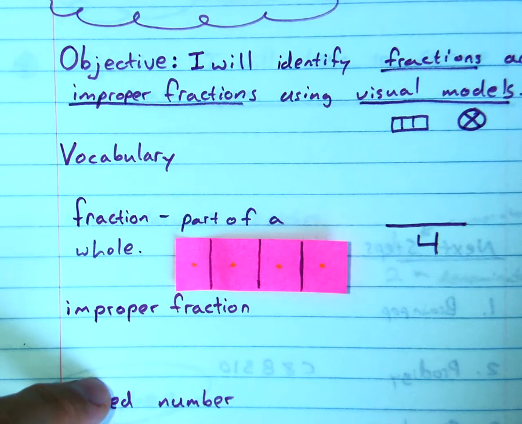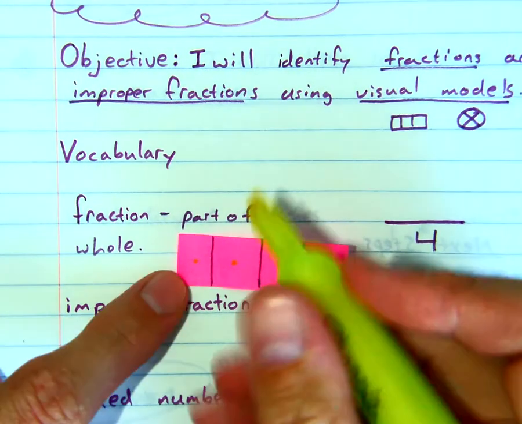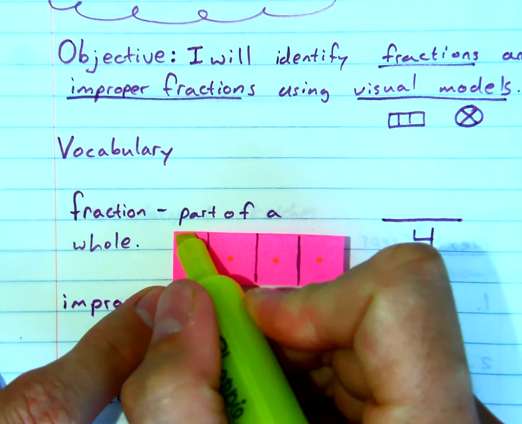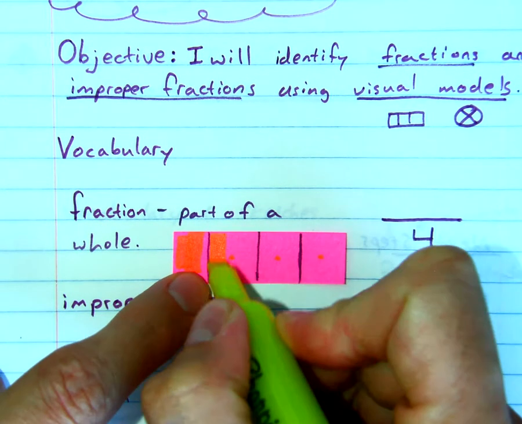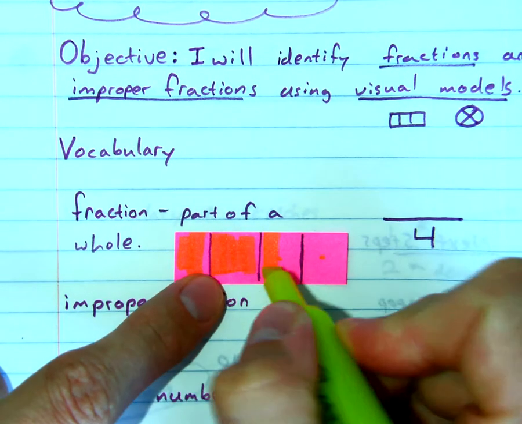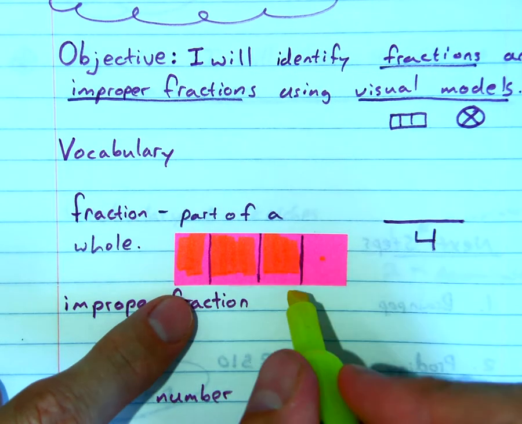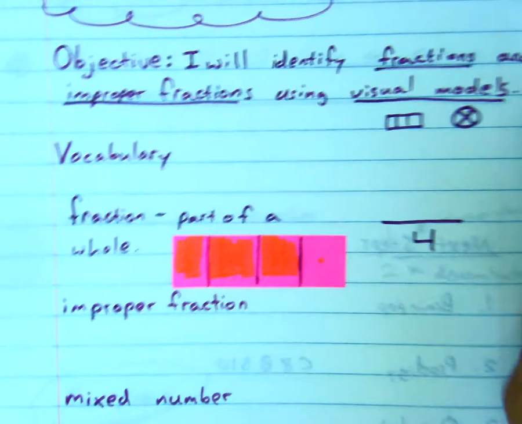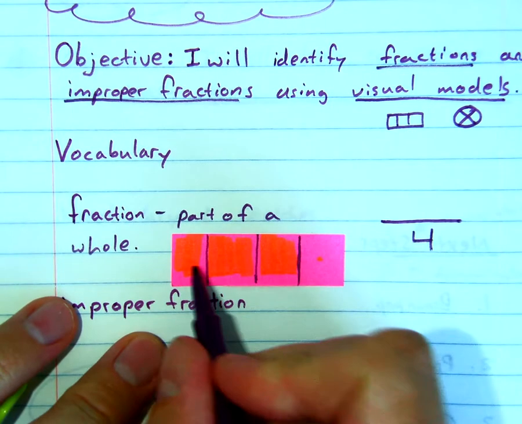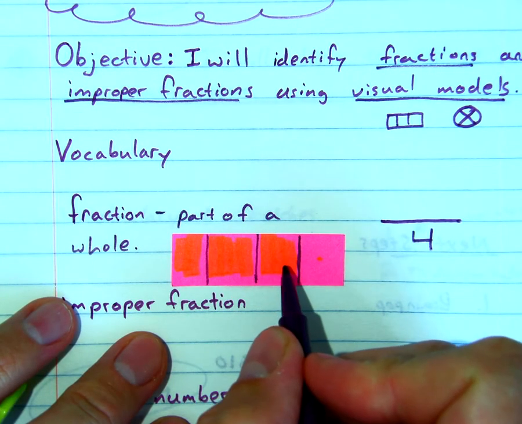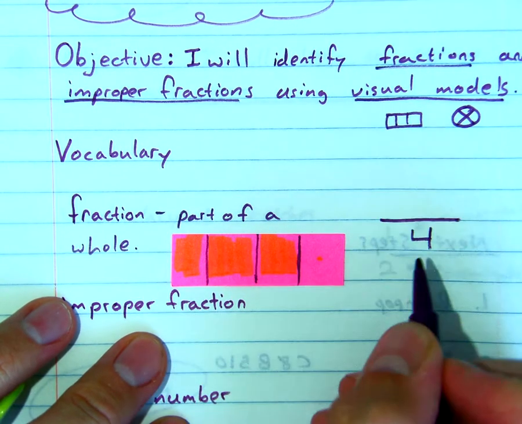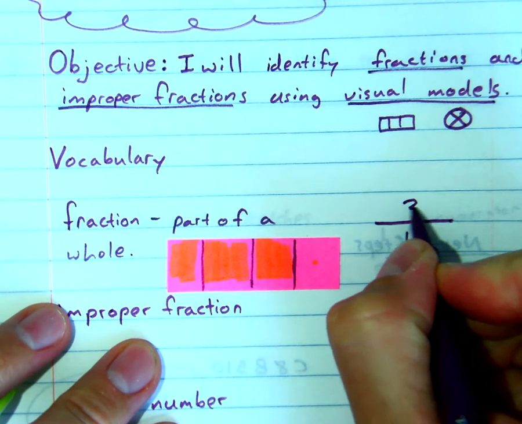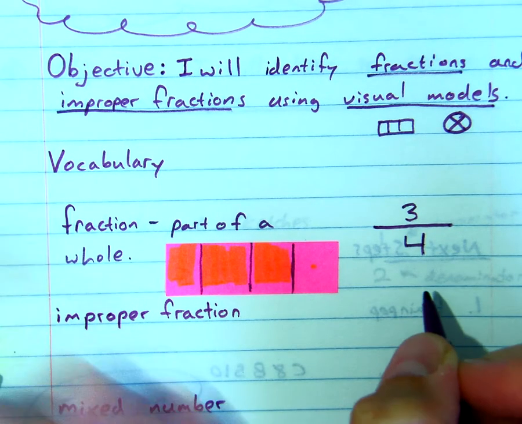Now, if I'm going to shade in, and hopefully we can see this using my highlighter, if I've shaded 1, 2, 3 of the pieces, I'm not shading in the whole thing. I'm shading in part. So count it with me. 1, 2, 3. So if we're talking 3 out of 4, our fraction would be 3/4.